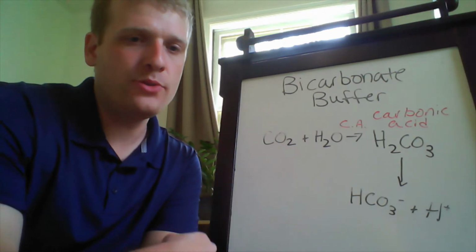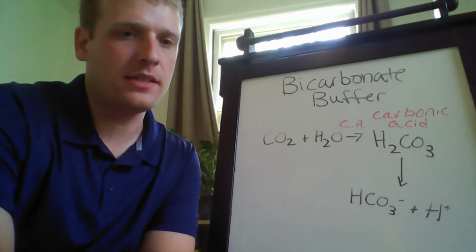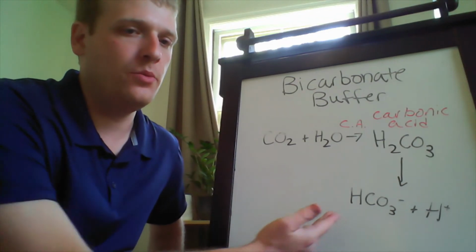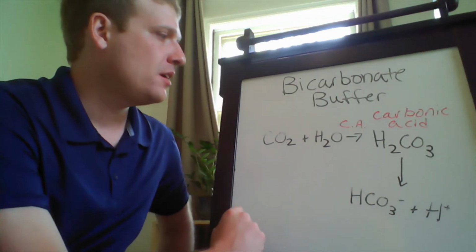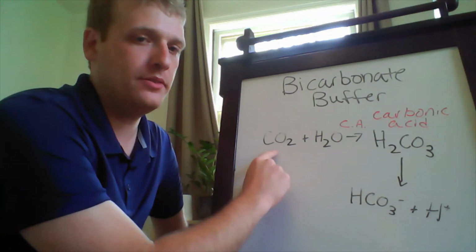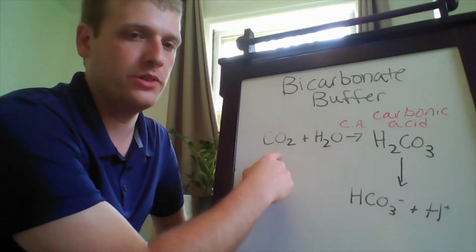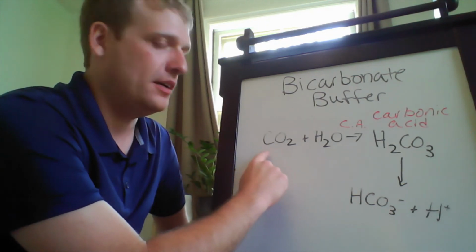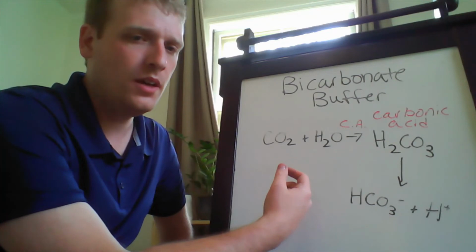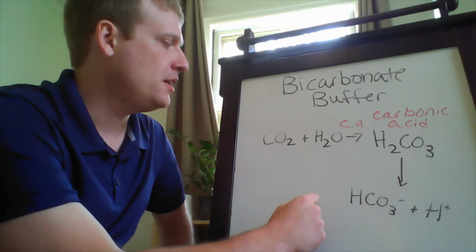So one useful aspect of having carbon dioxide around in the body is that it can be converted into what's called bicarbonate. Firstly, if you have carbon dioxide being produced, this is in the mitochondria, of course, that are making ATP, giving off lots of carbon dioxide as a byproduct of glucose metabolism.